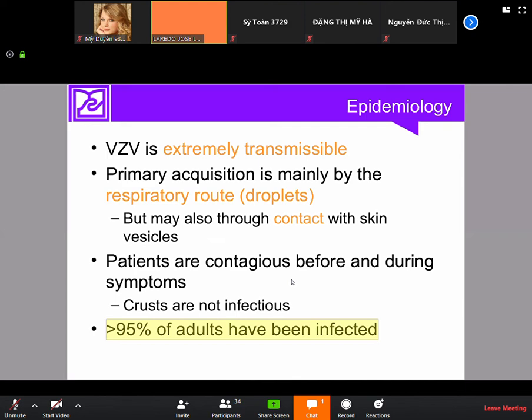Maybe not all of you, because there is something very interesting in Asia, is that in Vietnam, not all children have become infected with varicella, not all, only some. In my country, for example, almost all children have become infected, but here, not so many. So maybe in Vietnam, I am not very sure if more than 95% of people, I don't know.